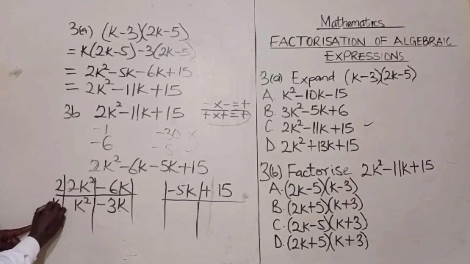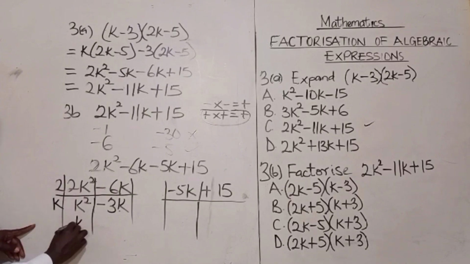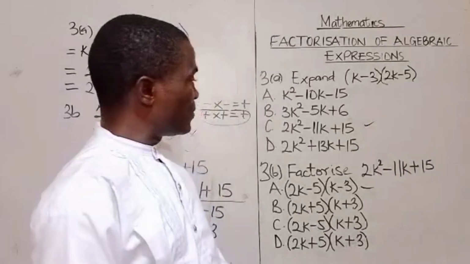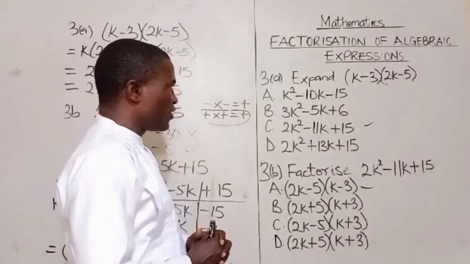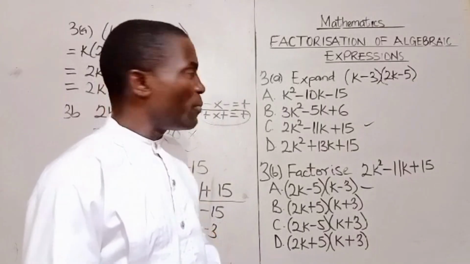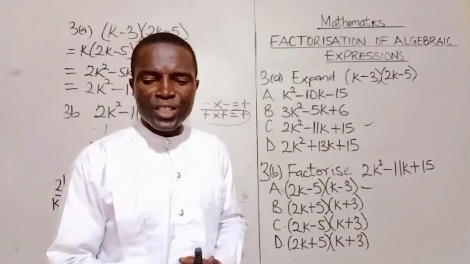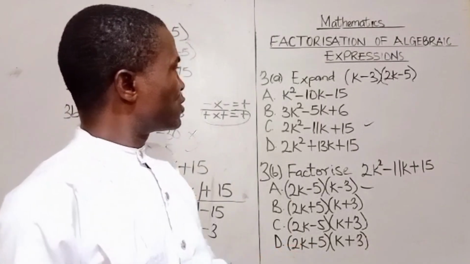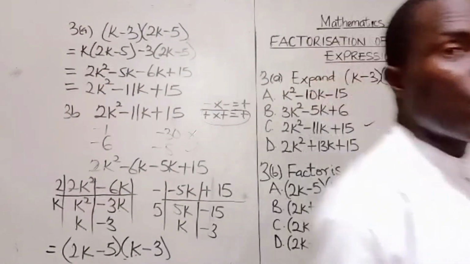So we take that k. This one divided by this k gives us k. Then this one, which is minus 3k divided by this, the same thing. All that we have been able to discover is that the journey traveled by expansion is always being returned by factorization. So we want to quickly proceed to example 4.